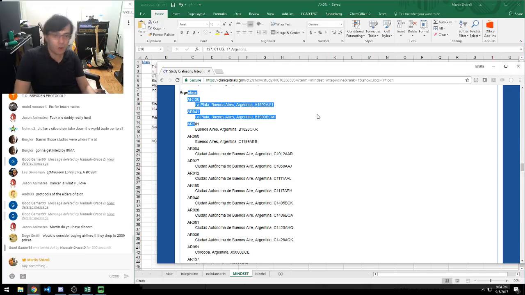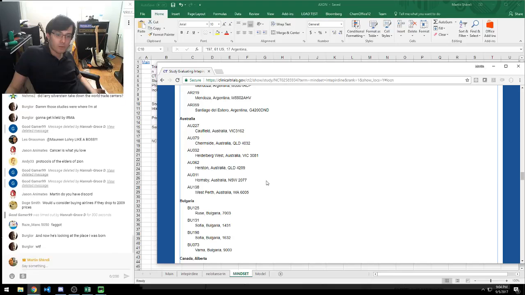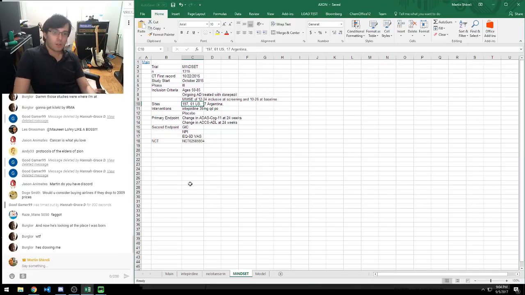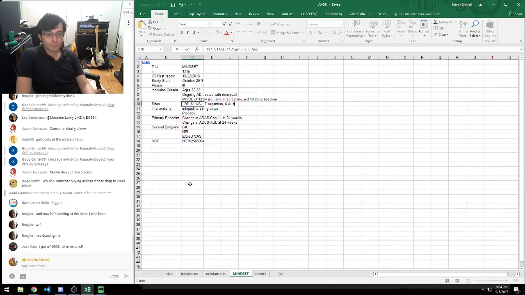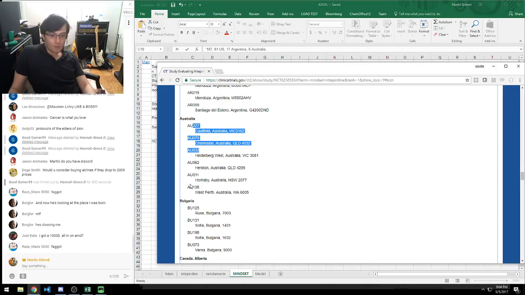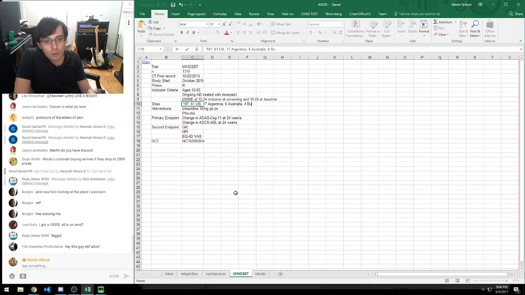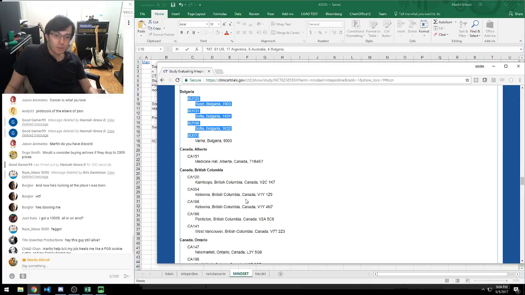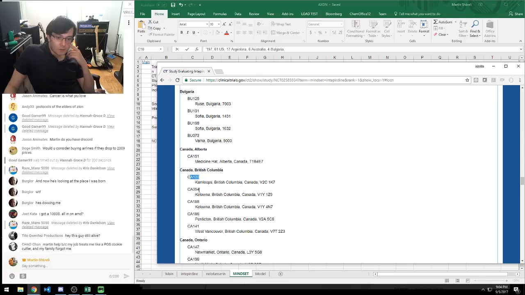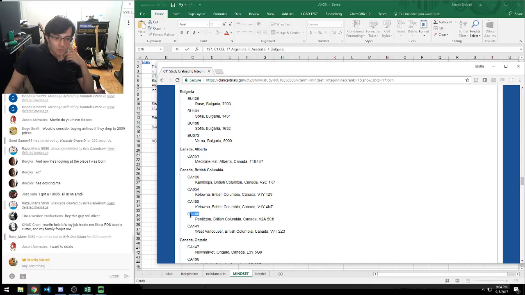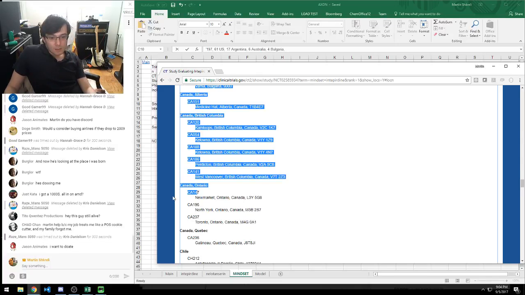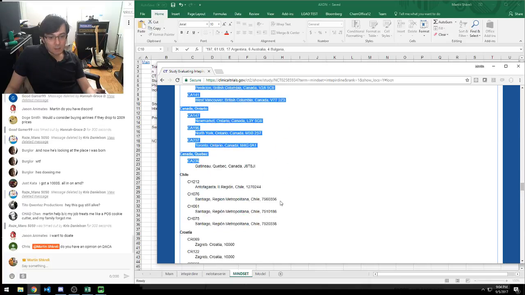I would imagine there would be no clinical trial sites in a normal study in Argentina. 6 in Australia, which sounds about right. 4 in Bulgaria. Somewhat diversified. 10 in Canada.